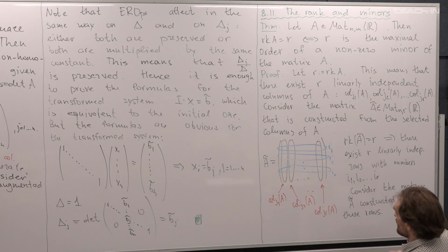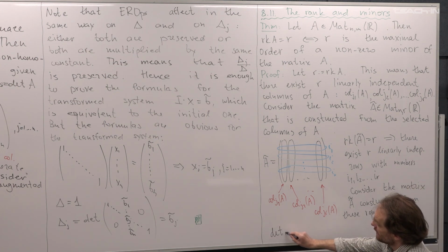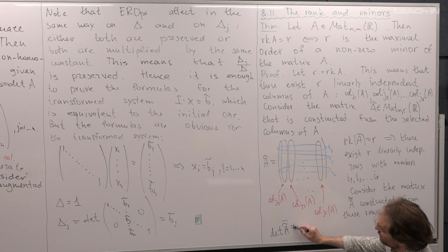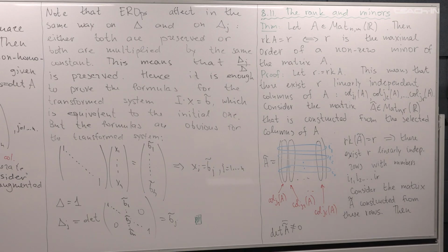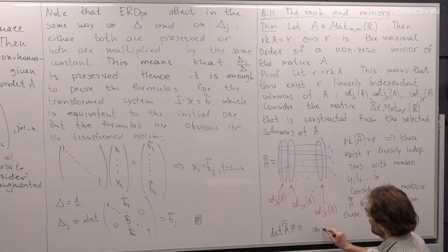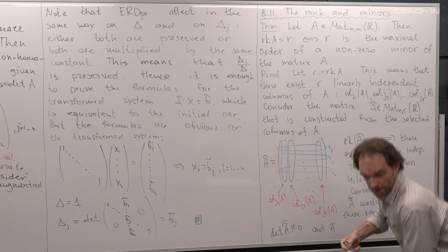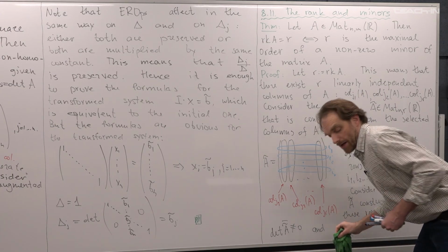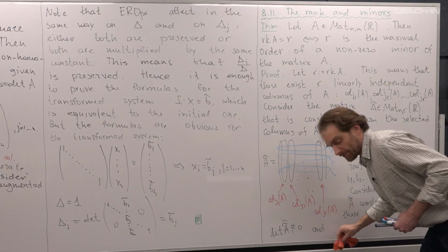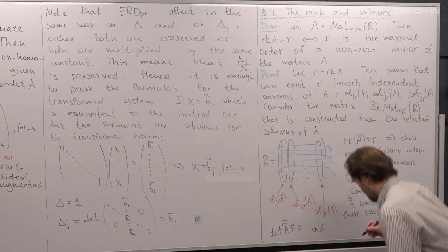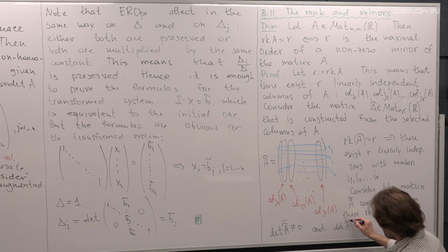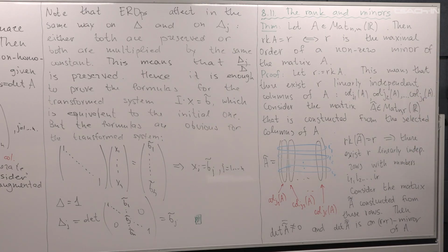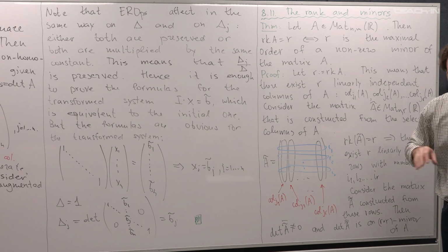Then its determinant is non-zero, just because these rows are linearly independent, and the determinant of this matrix is exactly a minor of the original matrix of the order R. And so the determinant of A with two tildes is an R by R minor of A. So this proves the existence of a non-zero minor of the order R. So this is the first part of the theorem.